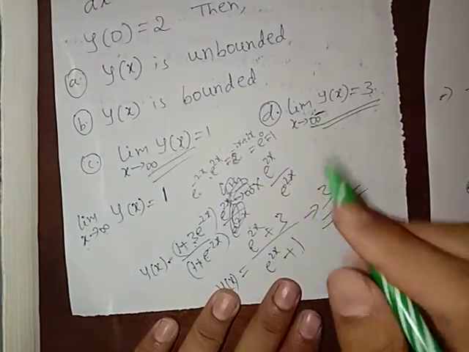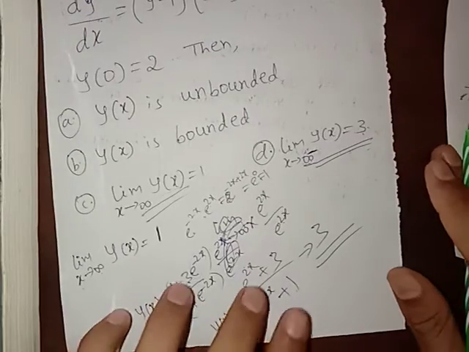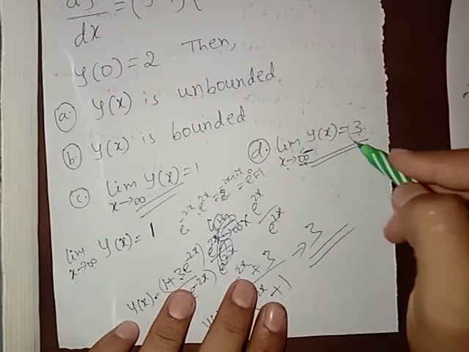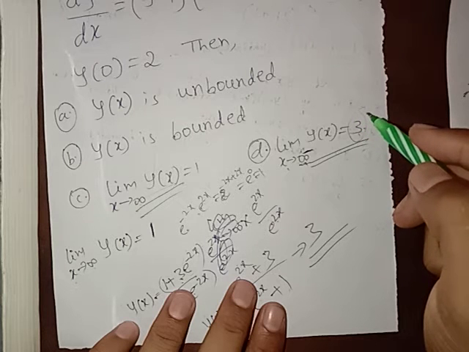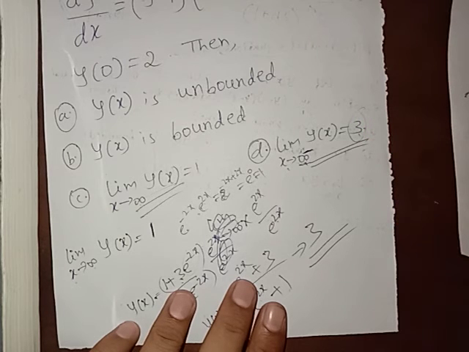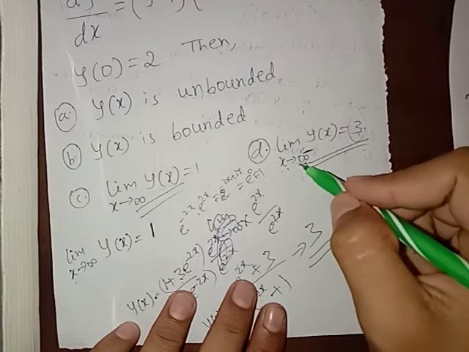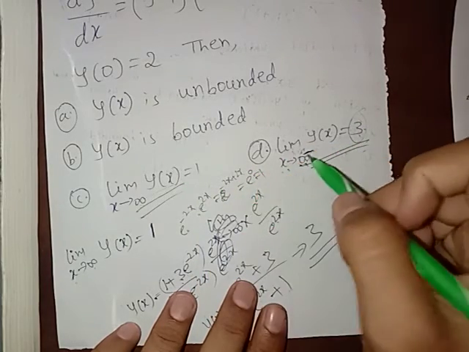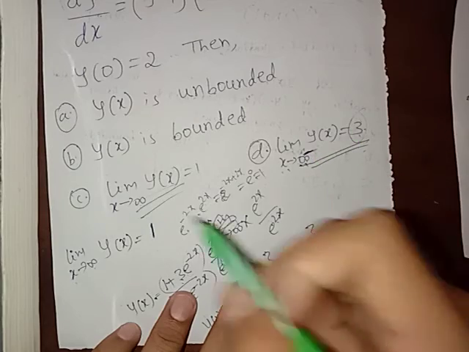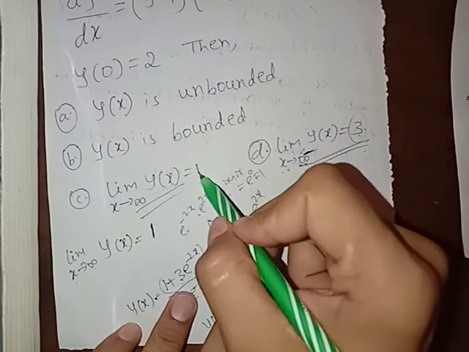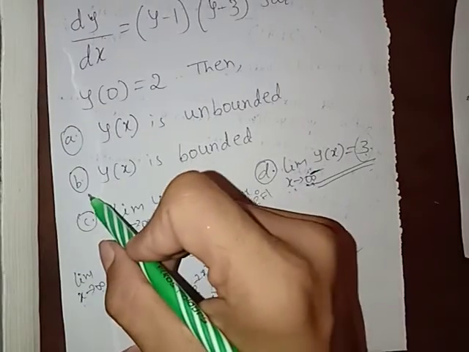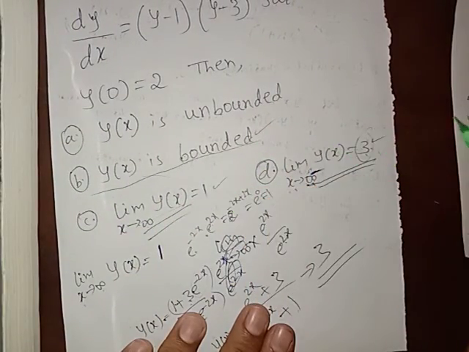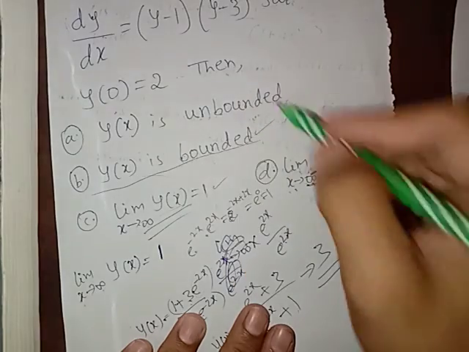Choice C is also correct. As x tends to minus infinity we get 3, and as x tends to infinity we get 1. So we can say that y of x is a bounded function. So choices B, C, D are correct and choice A is not correct.